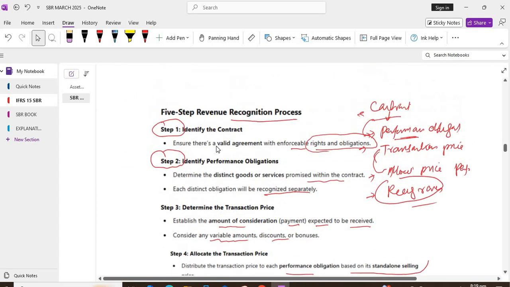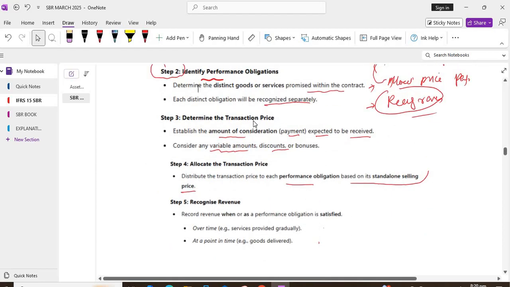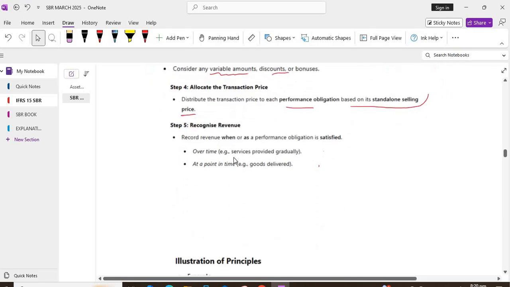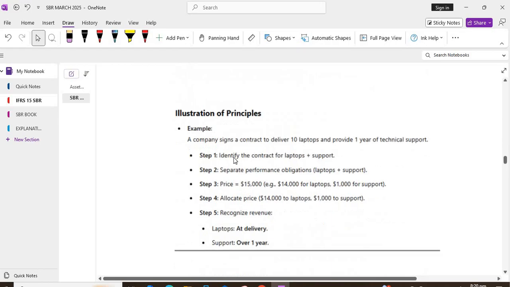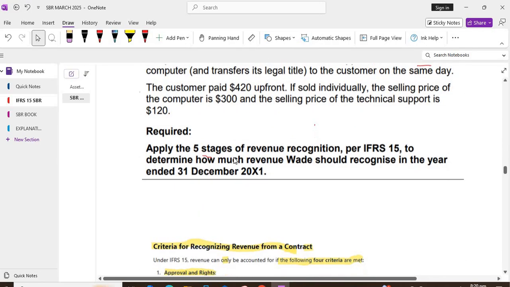Then we started the 5-step revenue recognition model: first, identify the contract; then identify the performance obligations within the contract; then determine the transaction price; then allocate the transaction price to the performance obligations; and at the last, recognize the revenue. We have also studied some illustrations and examples.